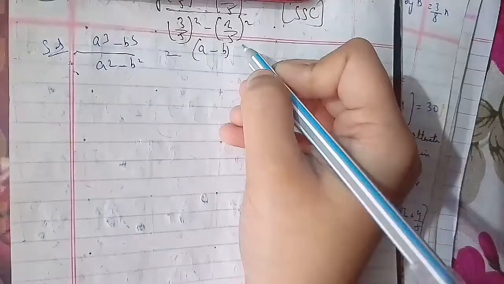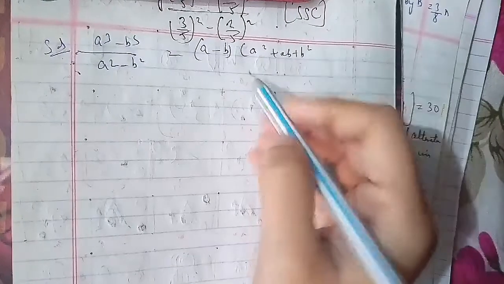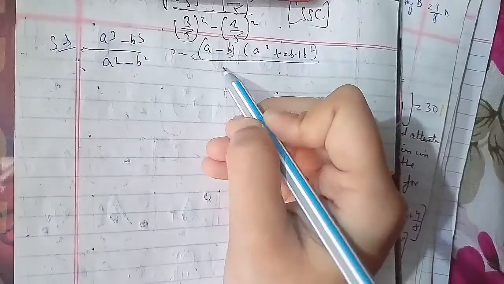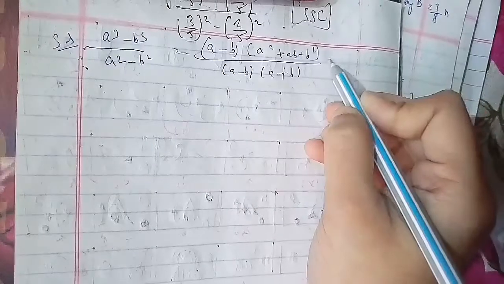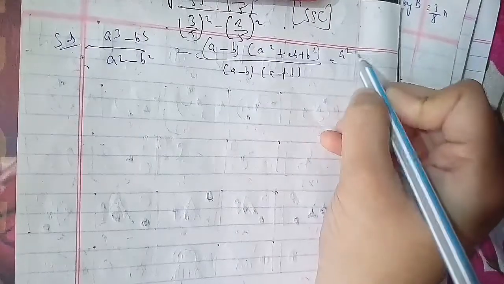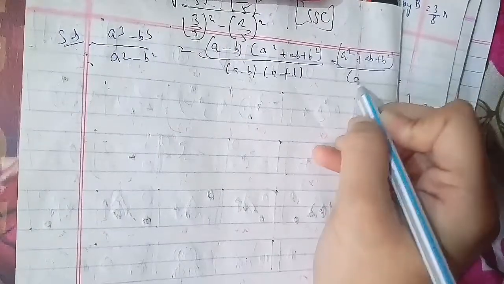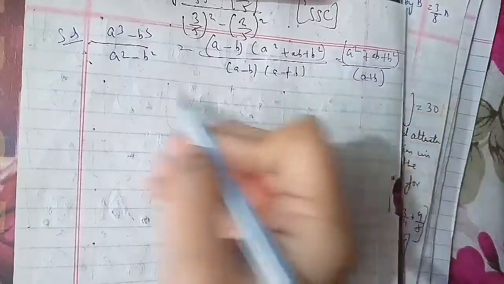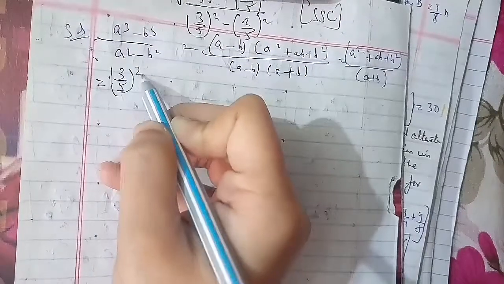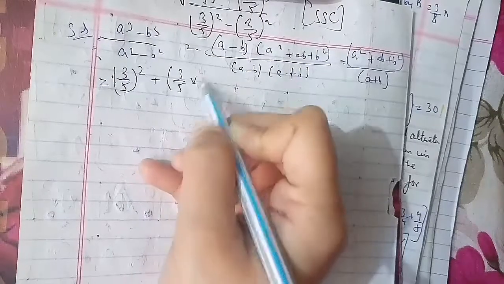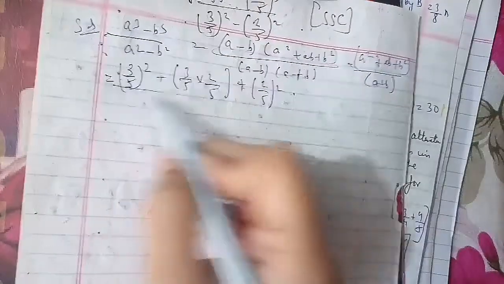Putting in the values: (3/5)^2 plus 3/5 into 2/5 plus (2/5)^2 whole upon 3/5 plus 2/5, which is 9/25 plus 6/25 plus 4/25. That equals 19/25. Adding 15 plus 4 gives 19, so 19/25 is the answer here.